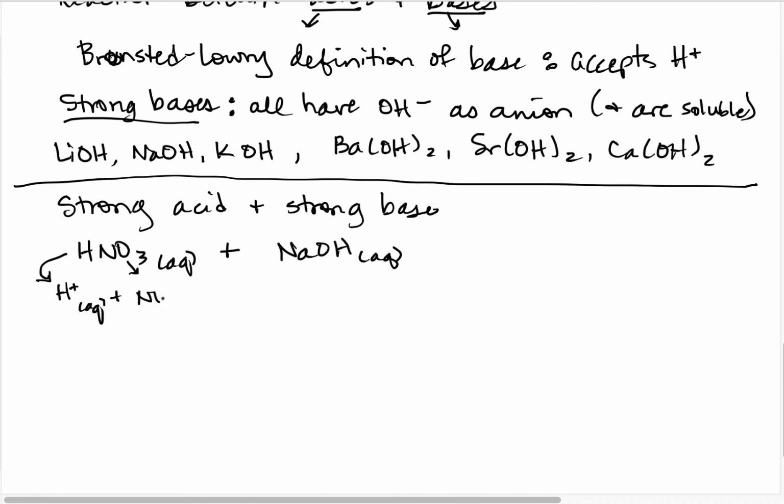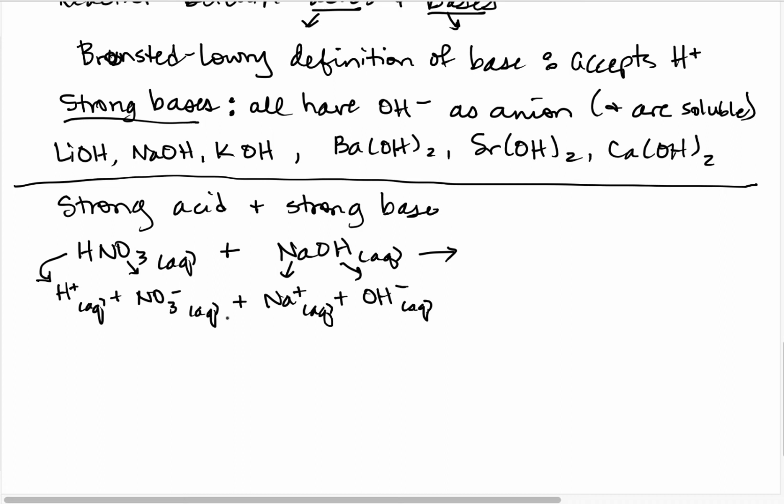We know that this acid will separate into H+ and NO3-. And we know that sodium hydroxide is also soluble because sodium is always soluble. And so we have Na+ and OH-.